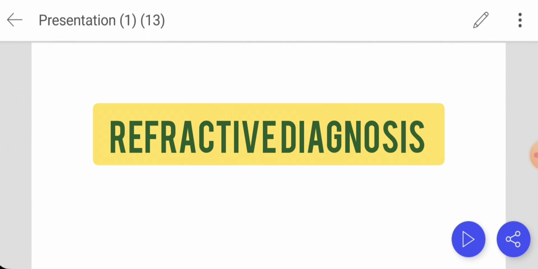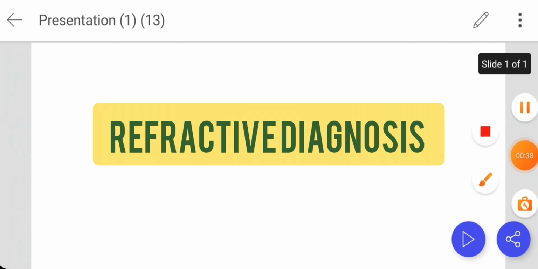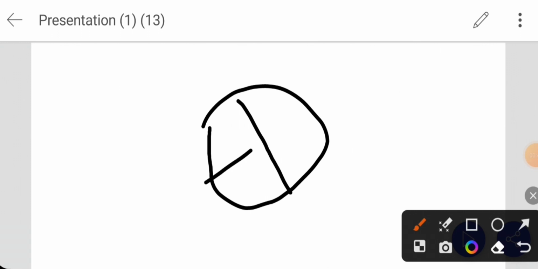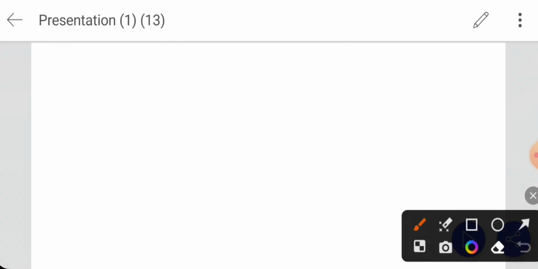Let's start from simple hypermetropia. If this is the cornea, then it has both vertical and horizontal meridian. If the power distribution in the vertical as well as the horizontal meridian is quite equal, then the refraction is called spherical refraction.